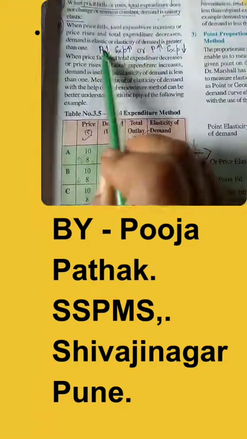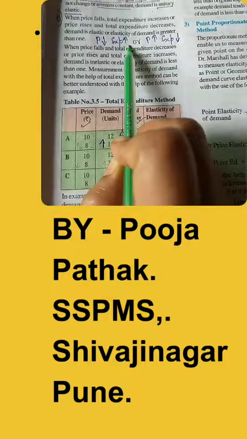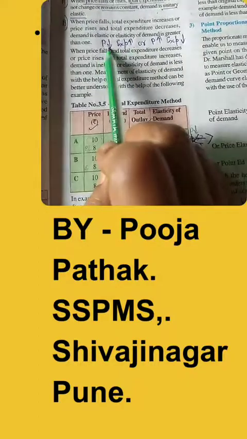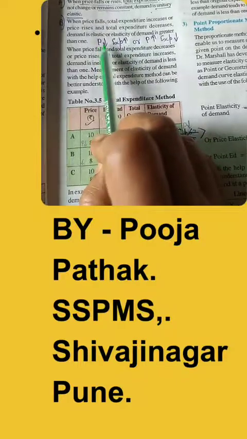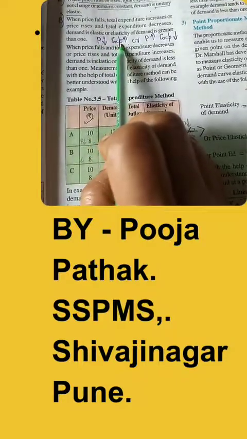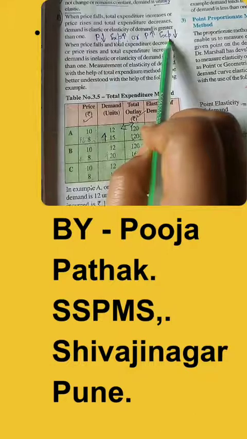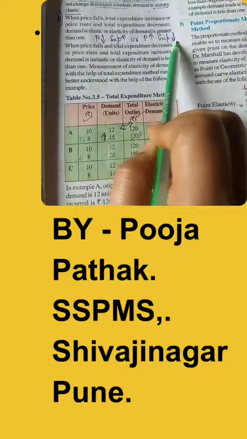So both these arrows are going in the opposite direction. We are studying the relationship between price and expenditure, not price and demand. So price falls, expenditure increases, or price rises, expenditure decreases.